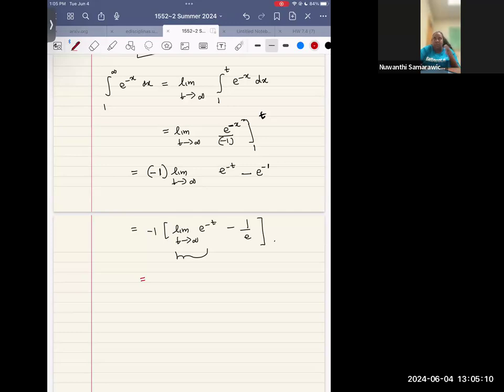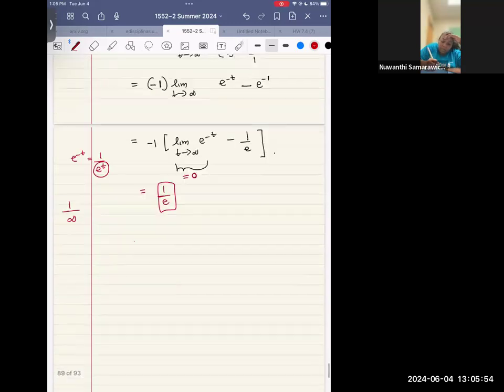If you don't remember, just look at the graph, or else you can think of it like this: negative exponential is the same as 1 over e to the power t, right? So when t goes to infinity, this whole thing is a very large value. So it's just 0. Yes, very good. It's just 0, because 1 divided by a very large value is 0. So 1 divided by infinity is 0. Then you will have as the answer 1 over e.